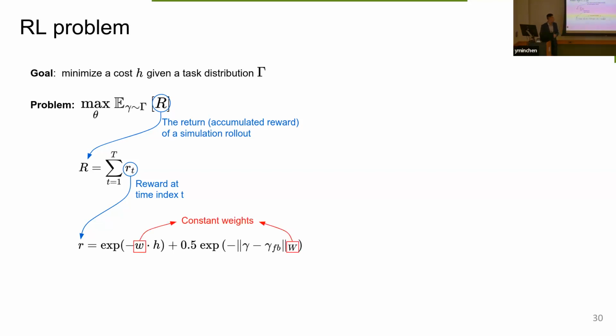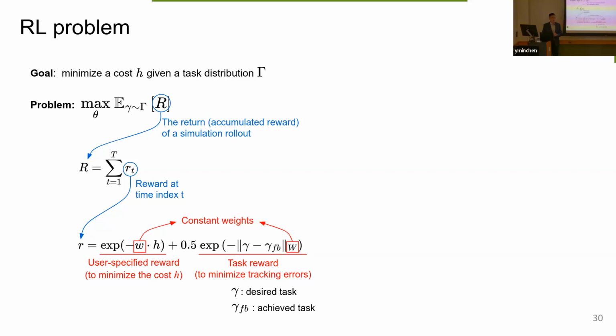So W's are the constant weights. The first term encourages minimizing the cost. And the second term encourages completing the task, right? So this is the RL problem that we want to solve.